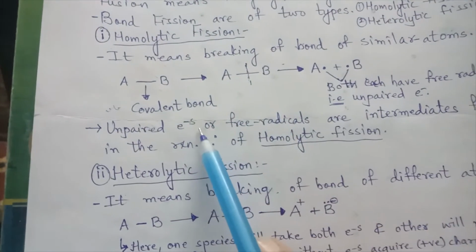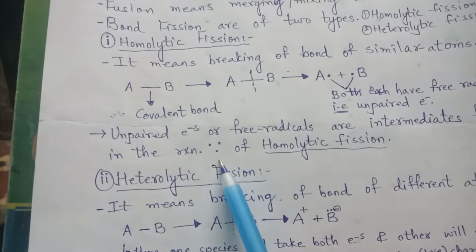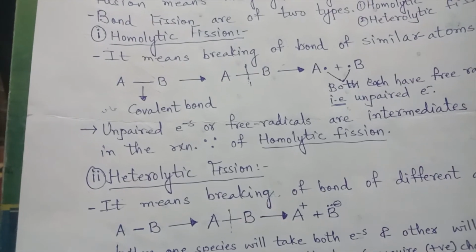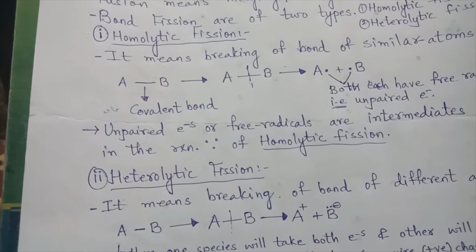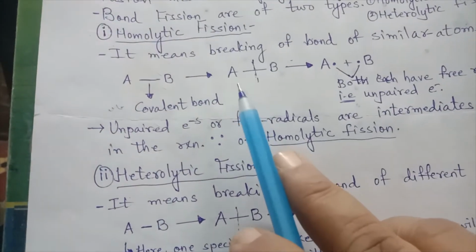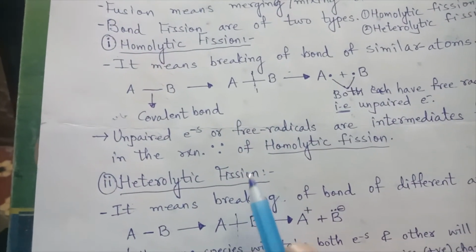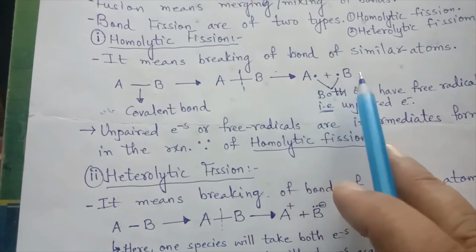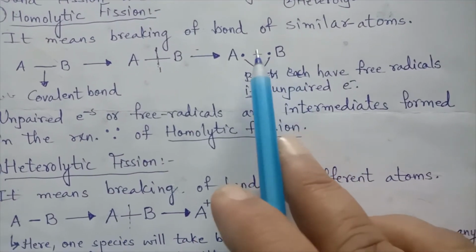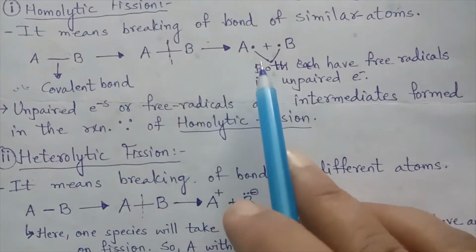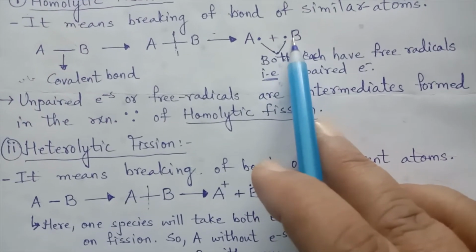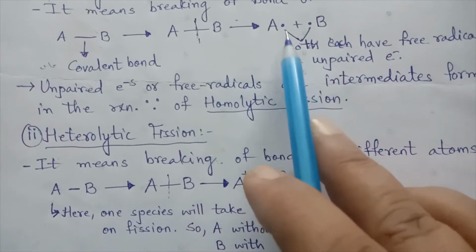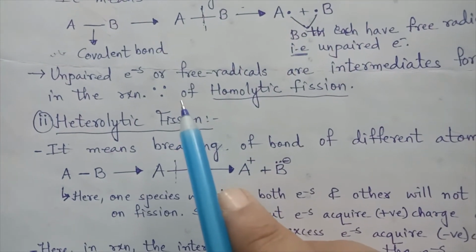On breaking, what happens? Since both are similar atoms, the covalent bond is between homoatomics, with shared electrons. On breaking the bond, each of them gets one electron back. These electrons are not paired because now they are separated. So they are unpaired electrons, right?